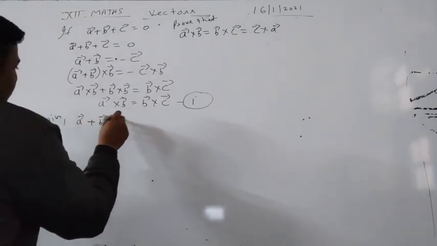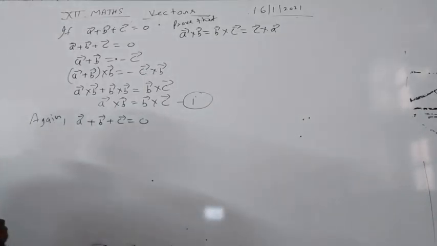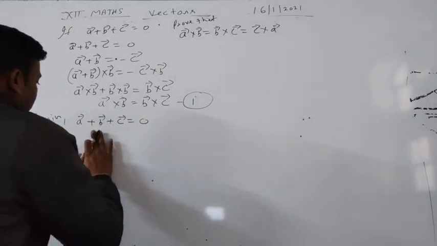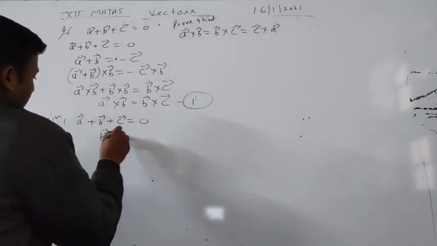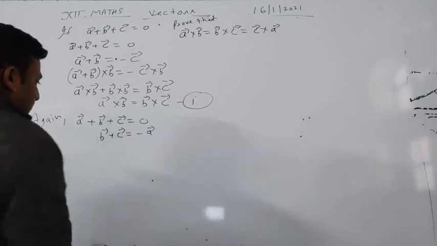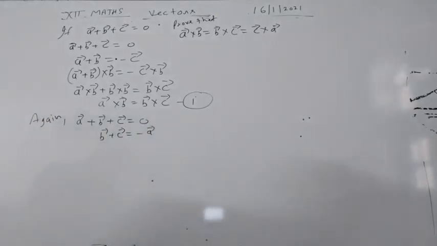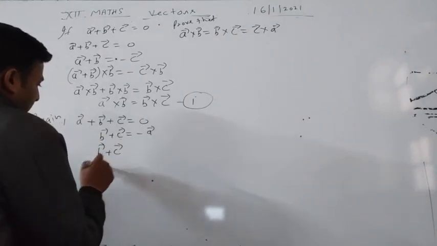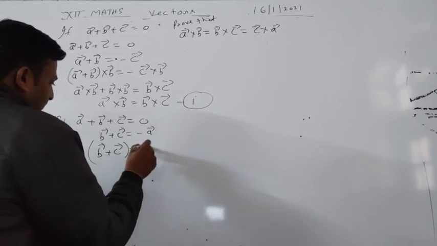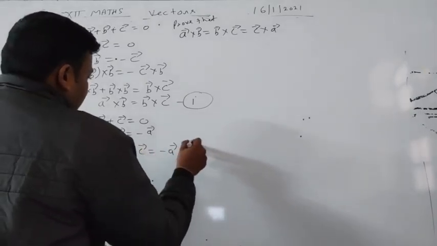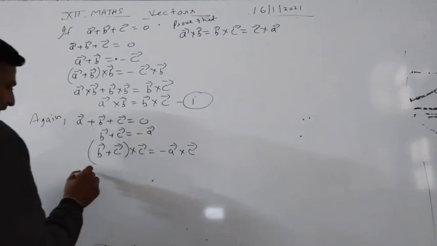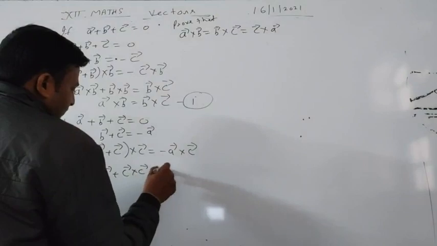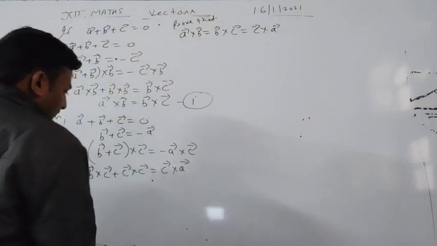We transpose A to the right hand side, so it will be equal to minus A. Now we again take the cross product with vector C. So we write minus A cross C. Now we multiply inside the bracket, we get B cross C plus C cross C, and this implies C cross A.